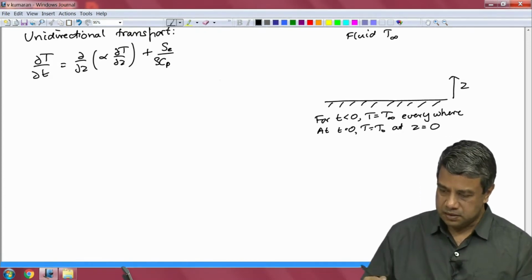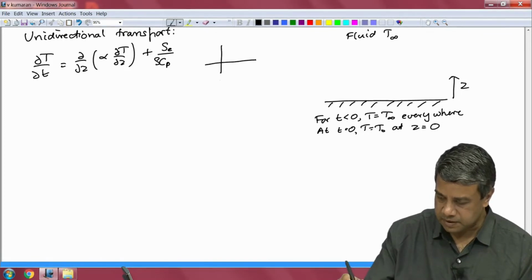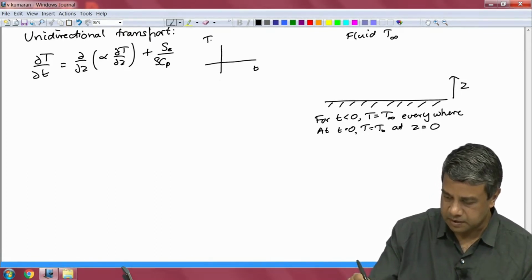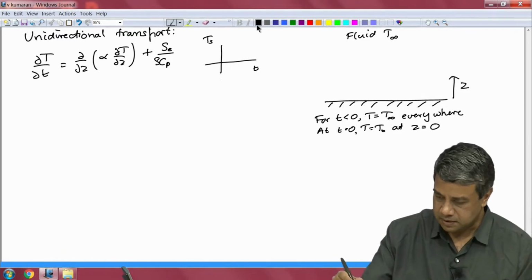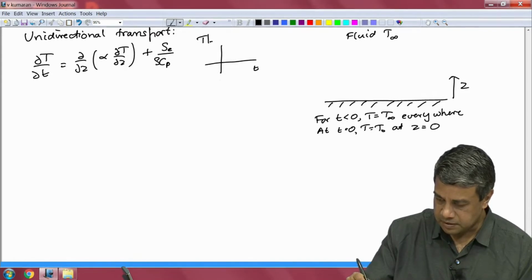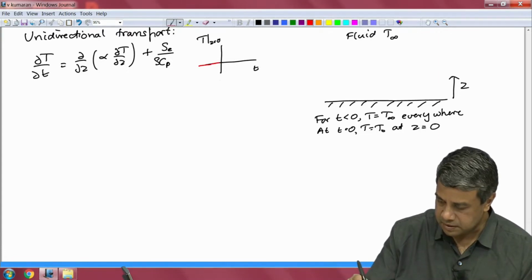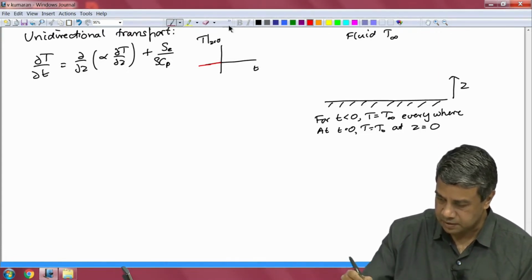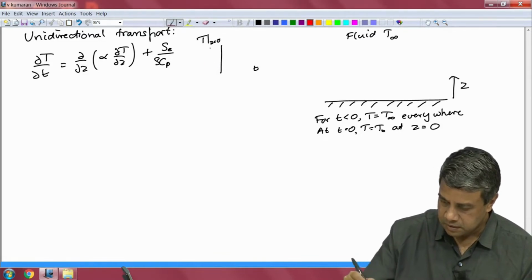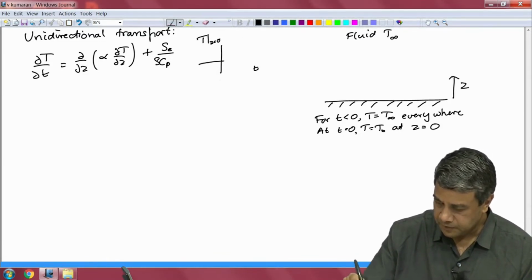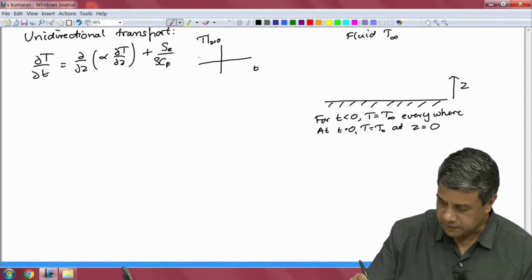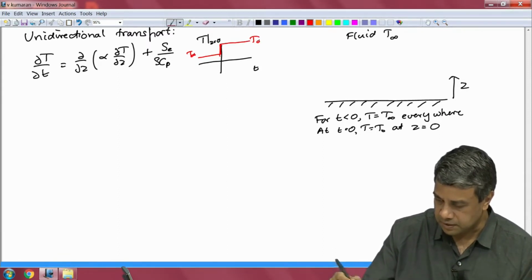And so, if I plot the temperature as a function of time, for example, the temperature at the surface, at z is equal to 0, for t less than 0, it is equal to some value T infinity, and at t is equal to 0, there is an instantaneous increase in the temperature to the value T naught.